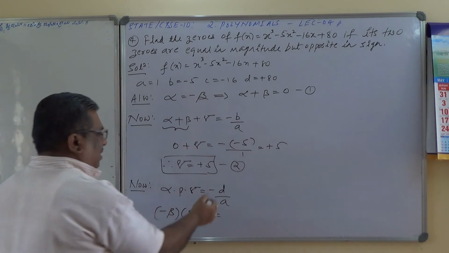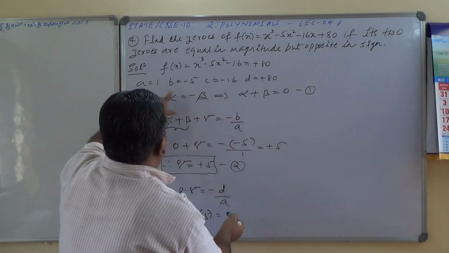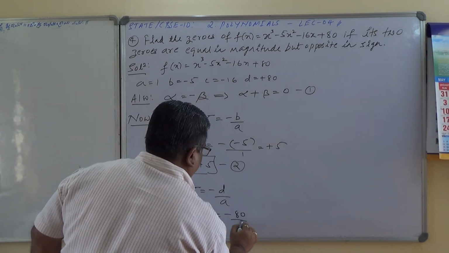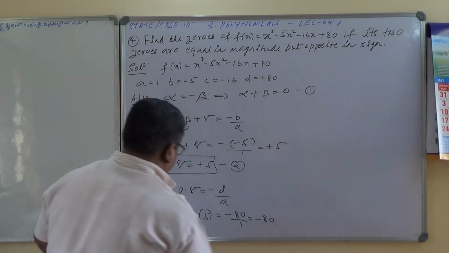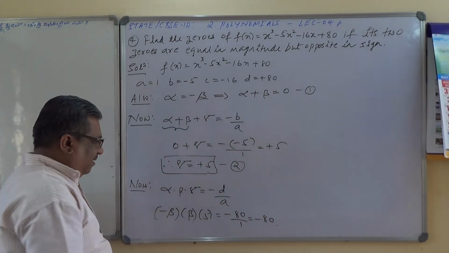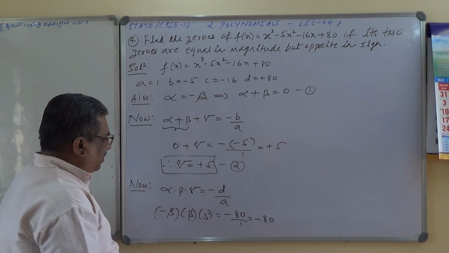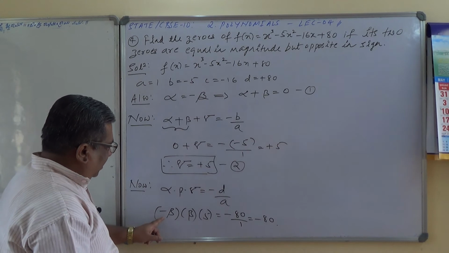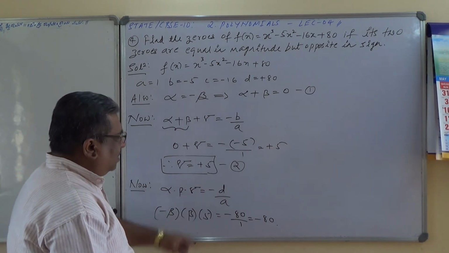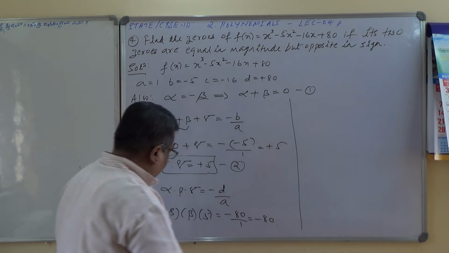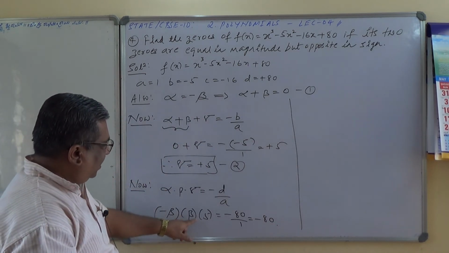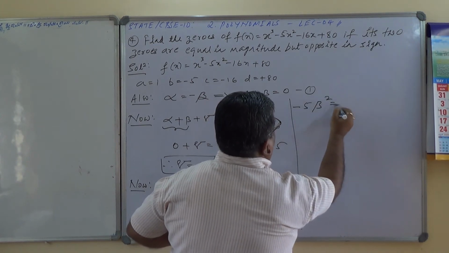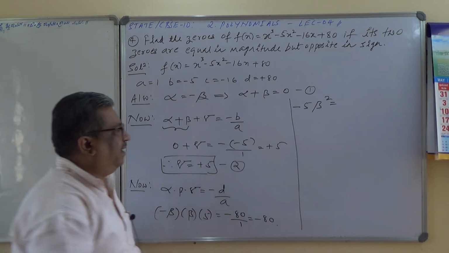Are you able to understand? Minus d is minus 80 divided by 1, which is minus 80. So minus beta square into 5 equals minus 80. Minus 5 beta square equals minus 80.